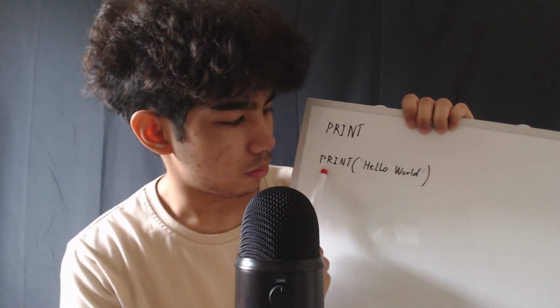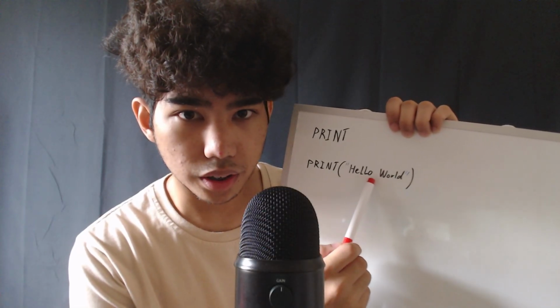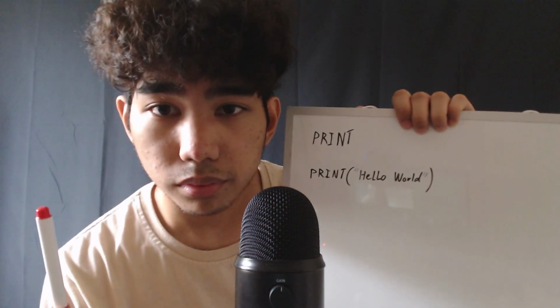So, print, okay, and the string, in which you can type anything you want here, and what it will do is print to the output, or to the console, anything within these two quotation marks. Get it? Good. But make sure you add quotation marks so you can print a string of text.